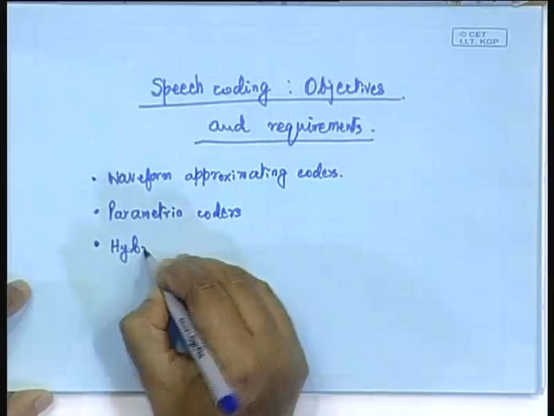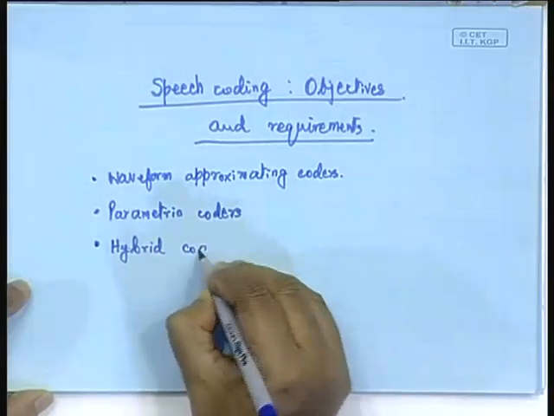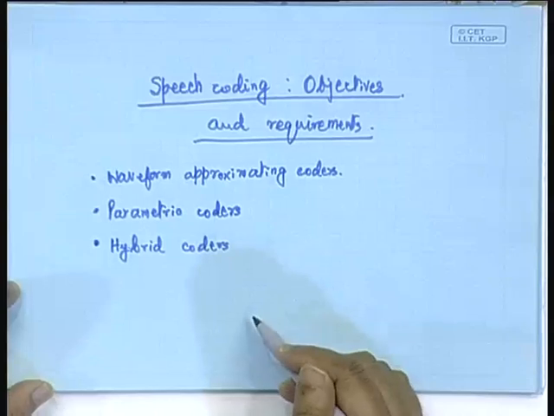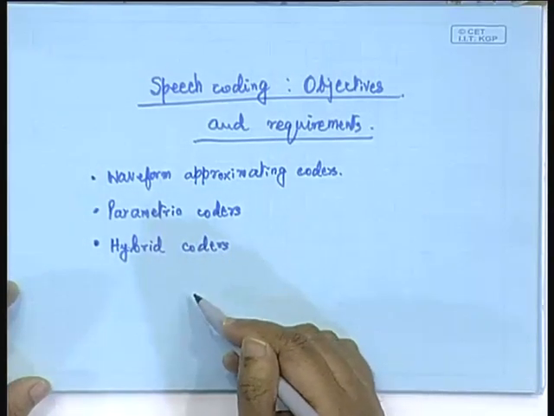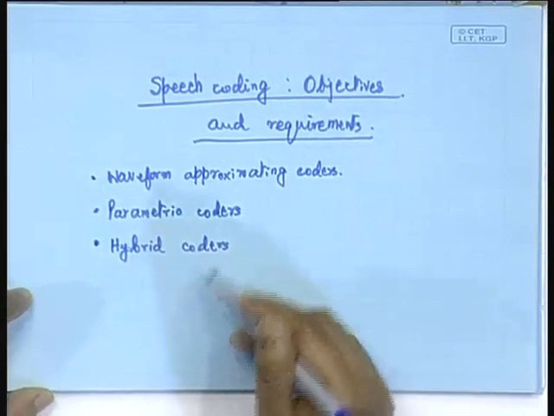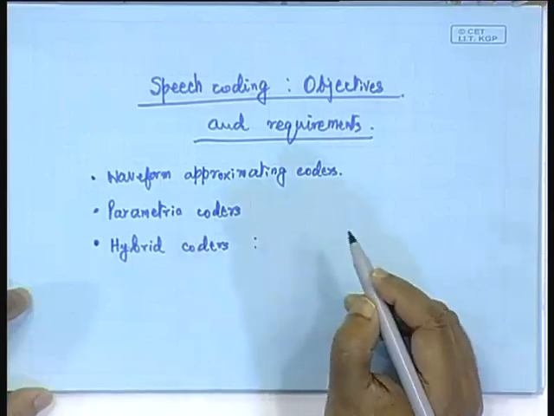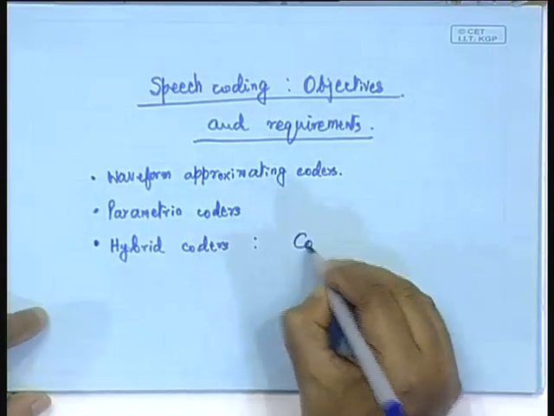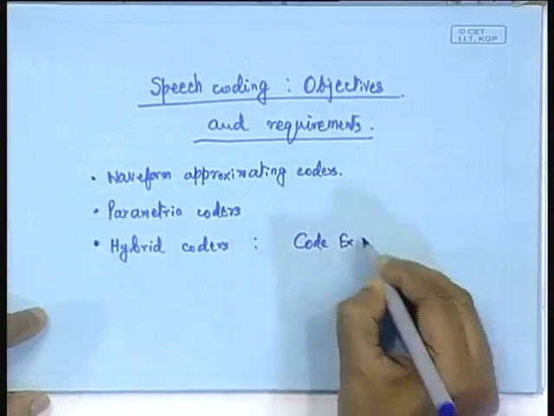Now, there is also a third class which we sometimes talk about, called hybrid coders. Hybrid coders try to take advantage of both methods, waveform coding as well as parametric coding. A very popular example of hybrid coders is code excited linear prediction.